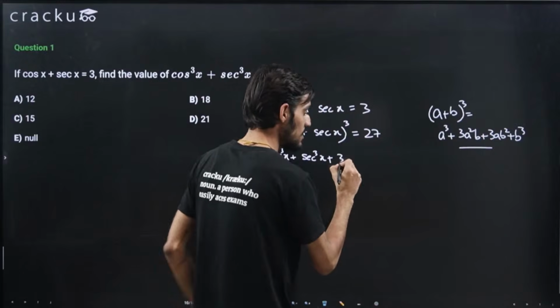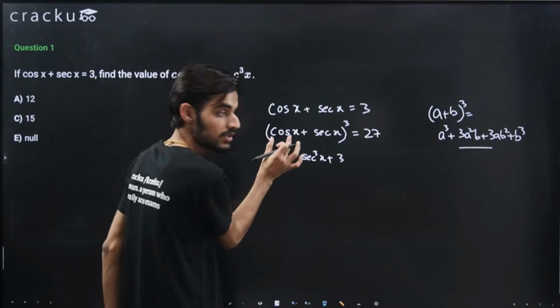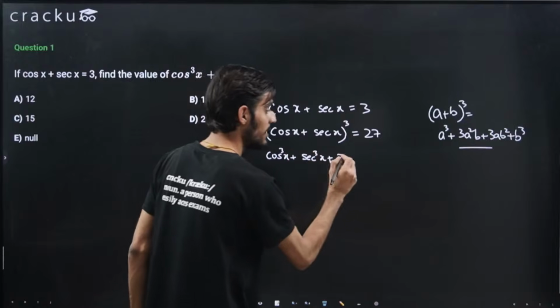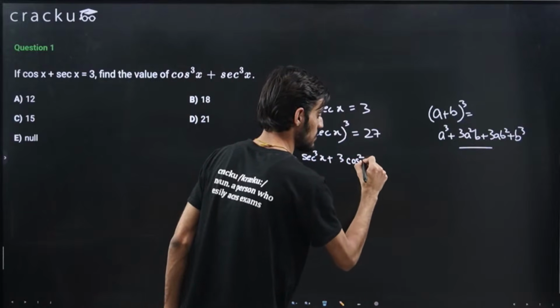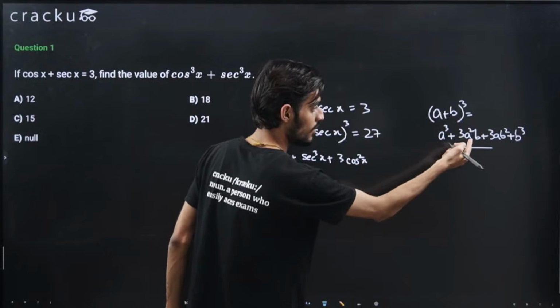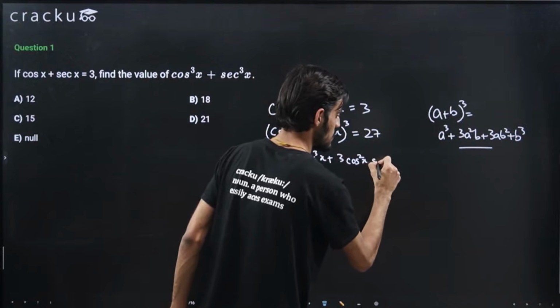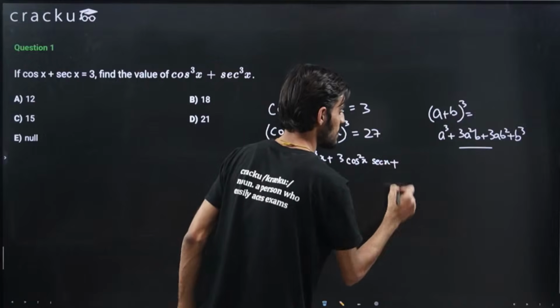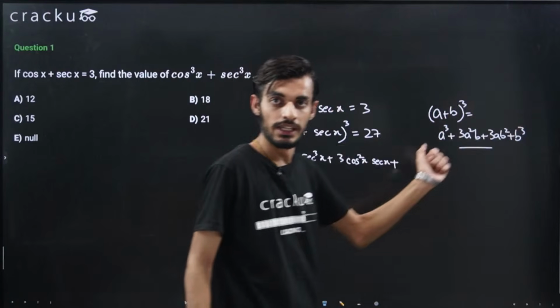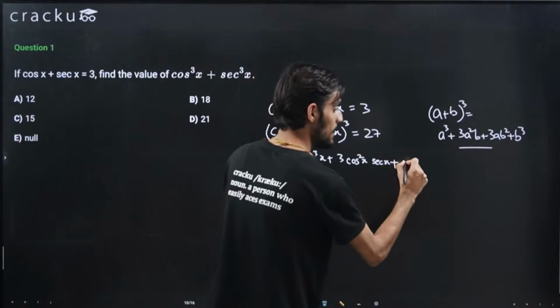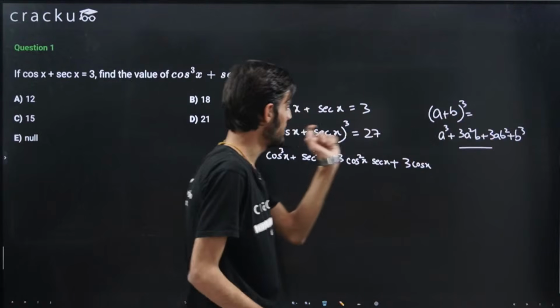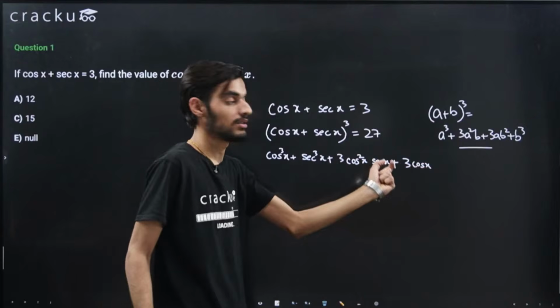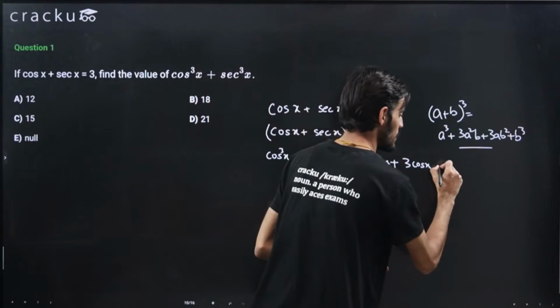That is 3a square b. a is cos x, so 3 into cos square x multiplied by b, that is sec x, plus 3ab square. a is cos x, so 3 cos x multiplied by b square. b is sec x, so it will come as sec square x.